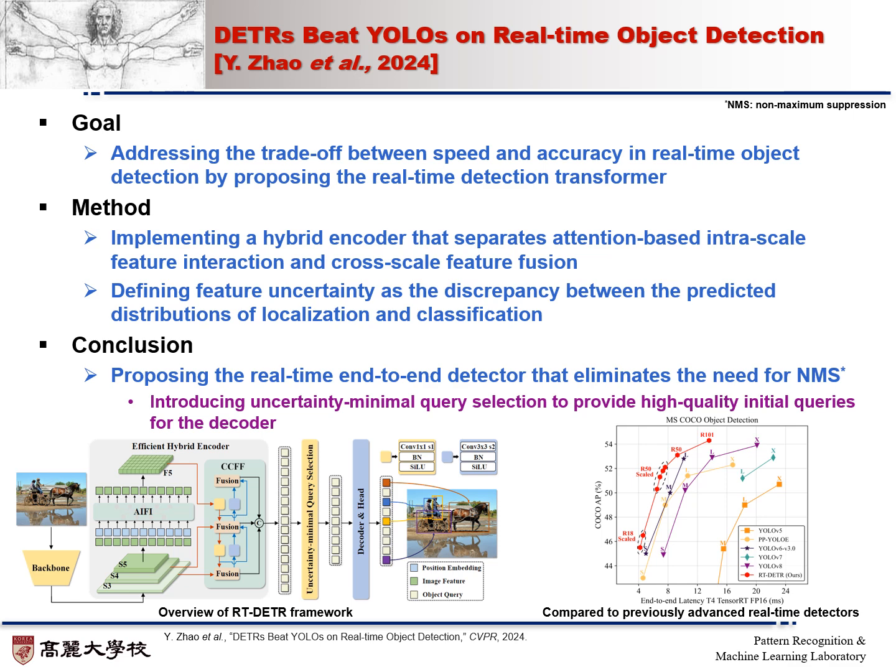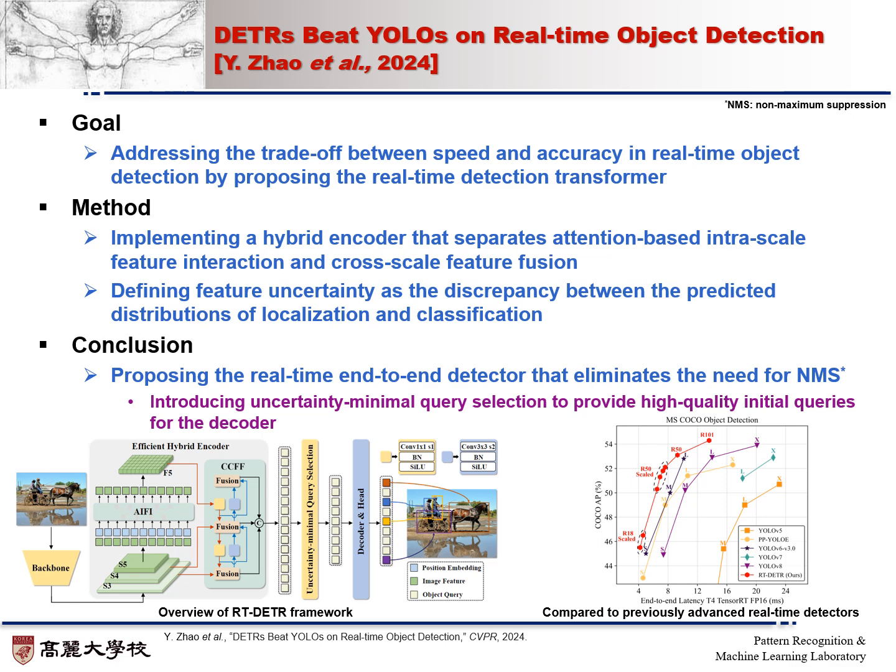Next is a paper presented at CVPR in 2024, which proposed a new transformer-based real-time object detection model, RT-DETR, to address the performance and speed degradation caused by handcrafted elements like NMS.